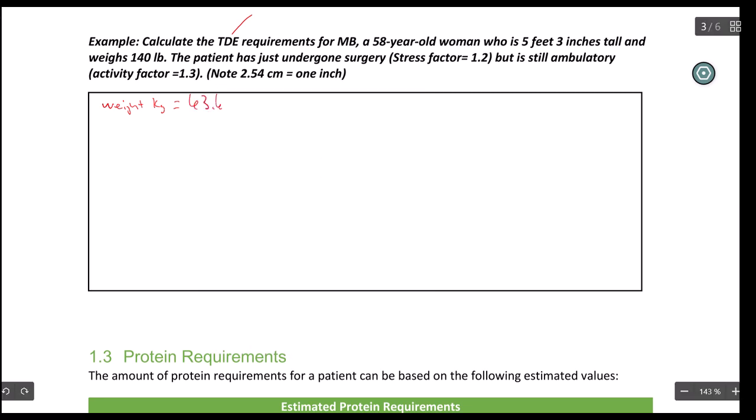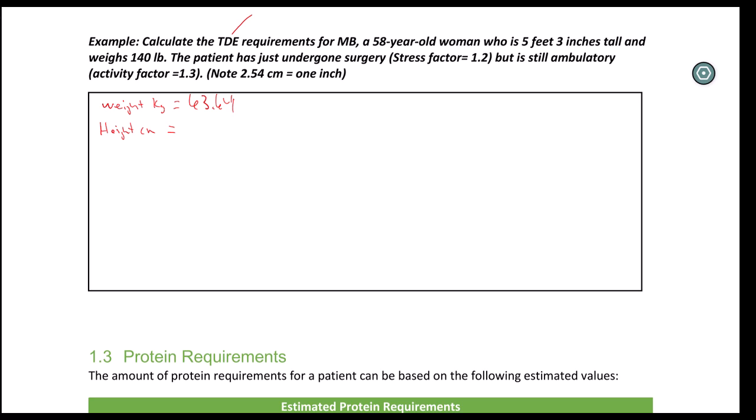So 63.64. We also need their height in centimeters. The person is 5 feet 3 inches tall.